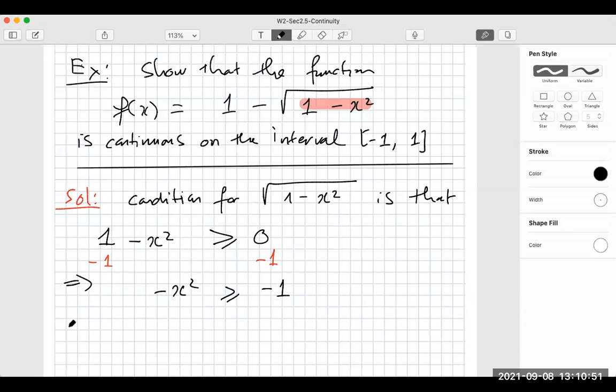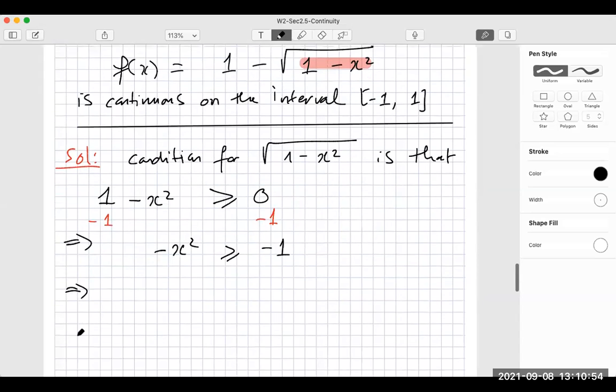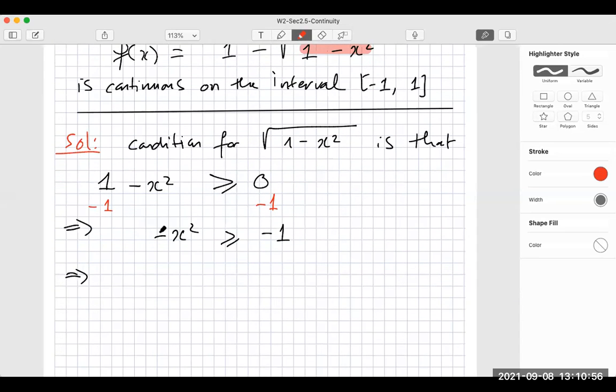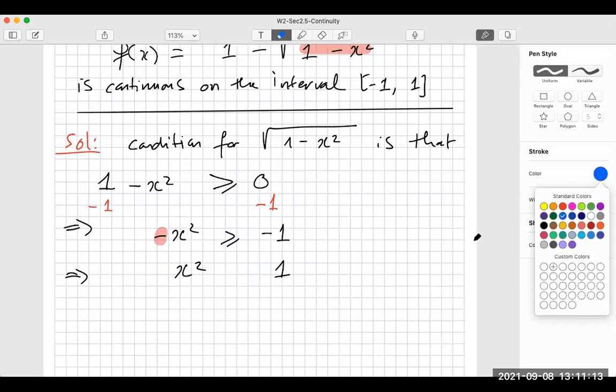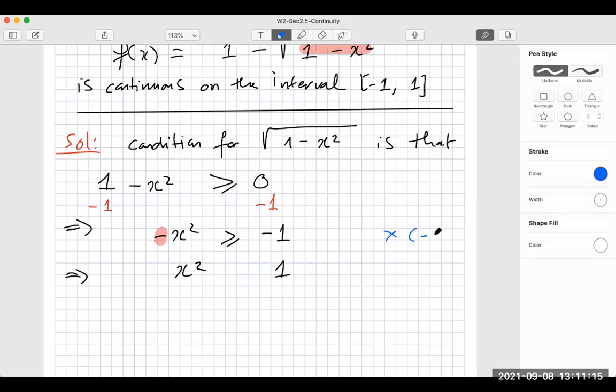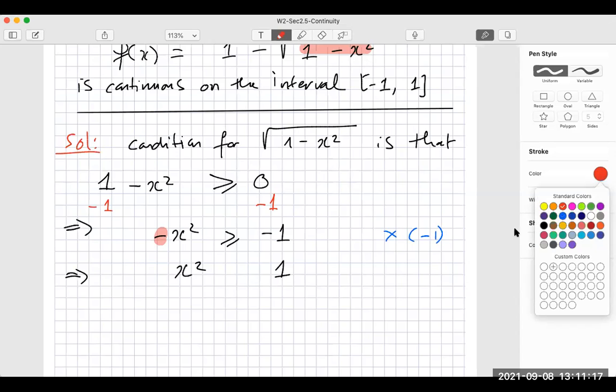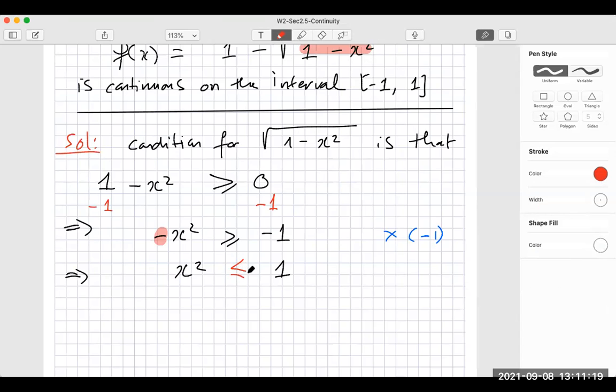Then what should we do? Yeah, the negative sign is annoying. So we get rid of this by dividing by -1 or multiplying by -1, right? The same thing. It means x squared, the right-hand side becomes 1. But what is the sign here? Yes, perfect. Right?